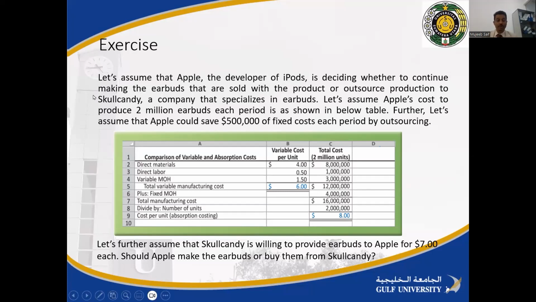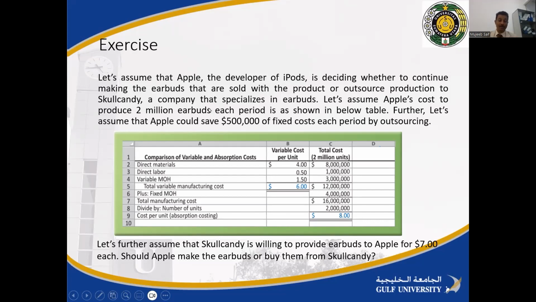Let's assume that Apple, the developer of iPads, is deciding whether to continue making the earbuds, this one, that are sold with the product, or just bring it from outside or outsource production to another company.